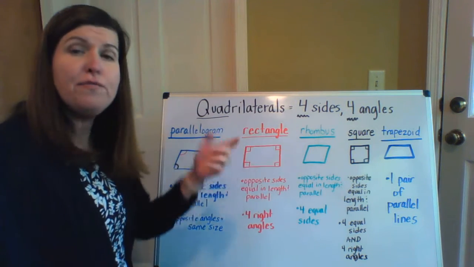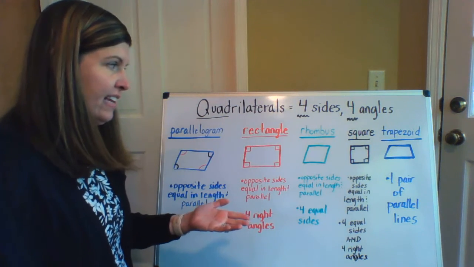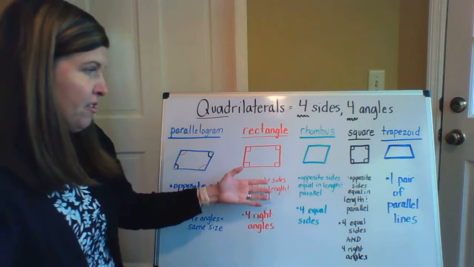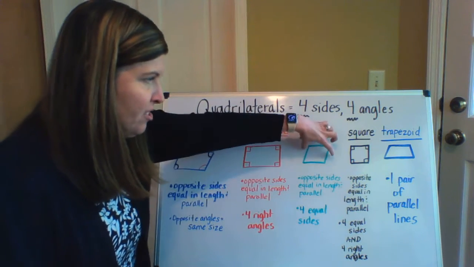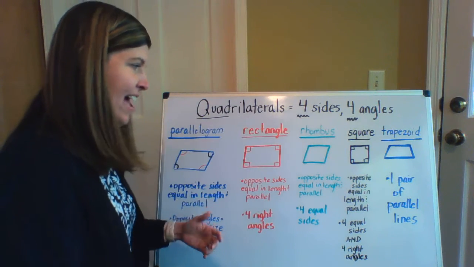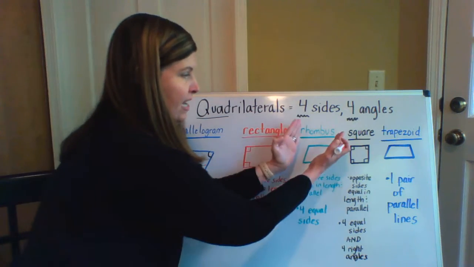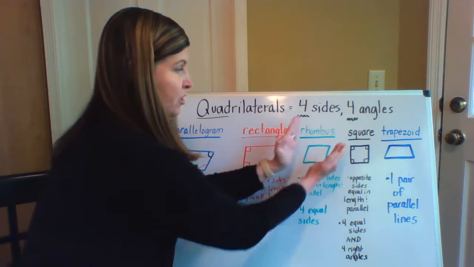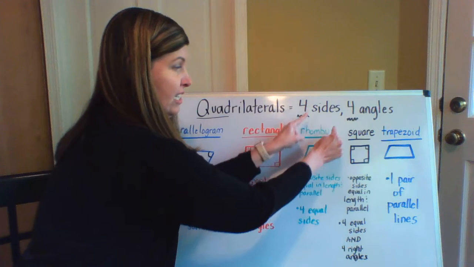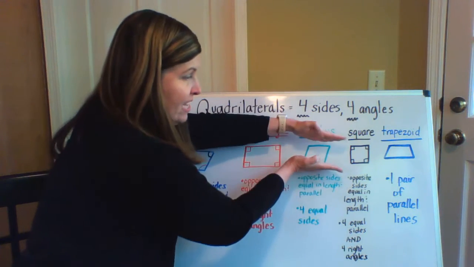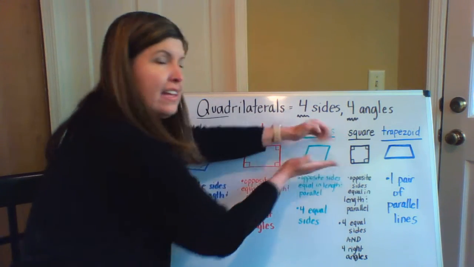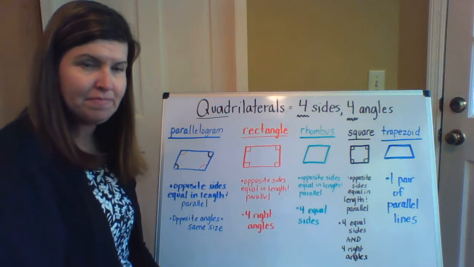For a rhombus, all 4 sides are going to be the same length. And still, just like these other ones, the opposite sides are parallel to each other. So if these 2 sides continued on, they would never cross, and if these 2 sides continued on, they would never cross.